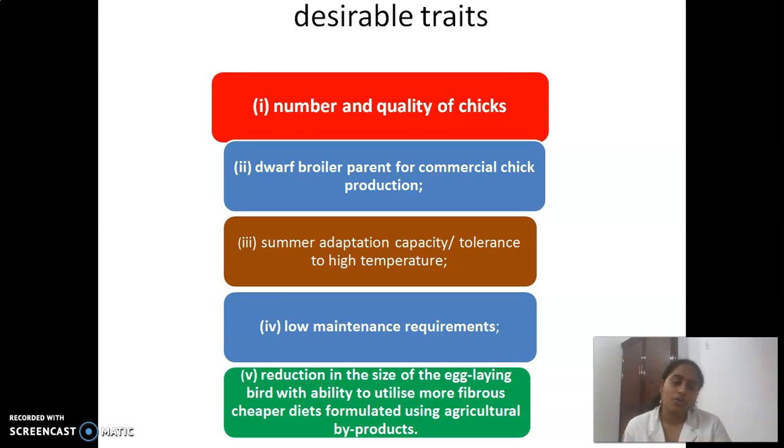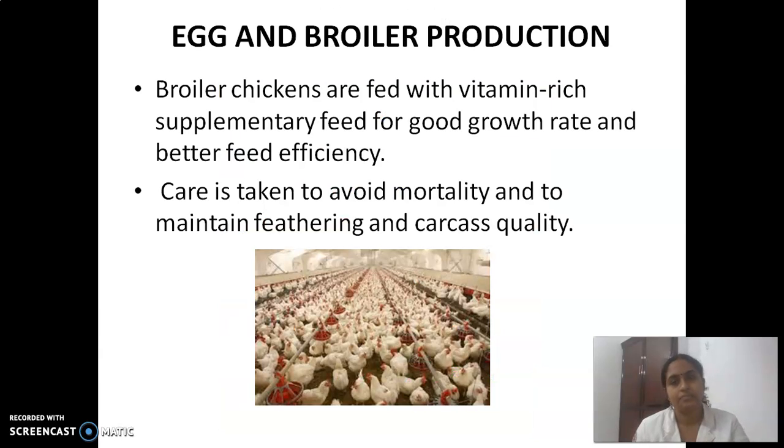Okay. So for this purpose, we can make use of different varieties by using applications from biotechnology. Okay, children. Then egg and broiler production. Broiler chicken are fed with vitamin-rich supplementary feed for good growth rate and better feed efficiency. Why? Because the weight has to be improved a lot, isn't it?